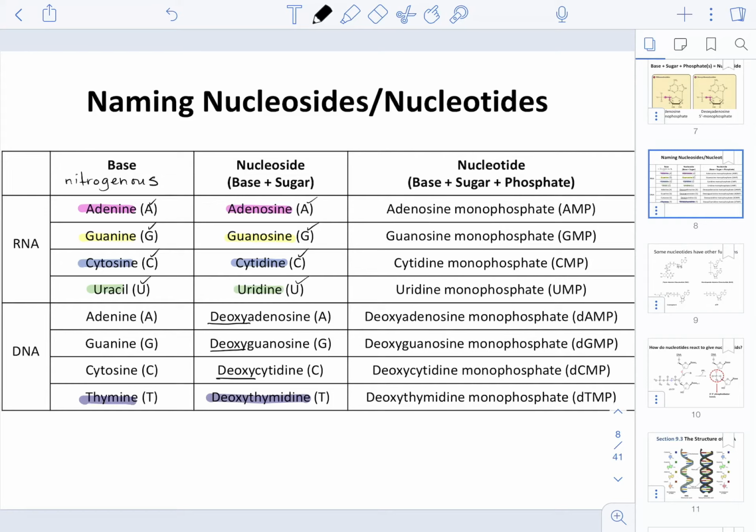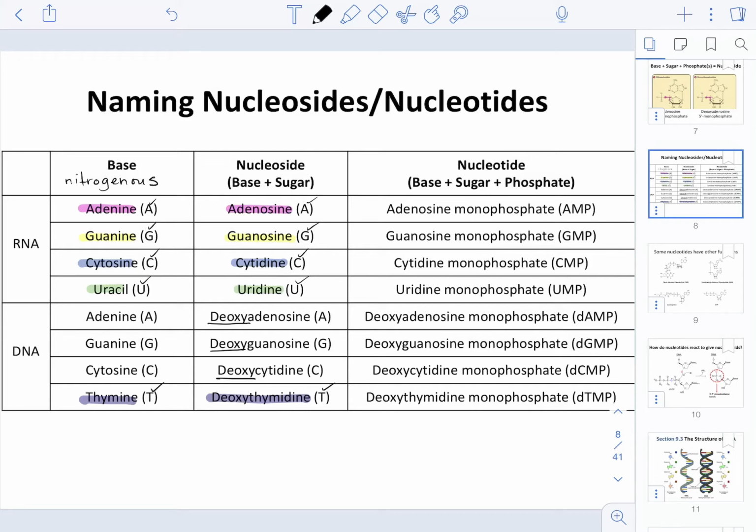U for uracil or uridine, and T for thymine or deoxythymidine. Now, as I just mentioned, these are things that you should know and memorize because there's no systematic way or rules for naming.